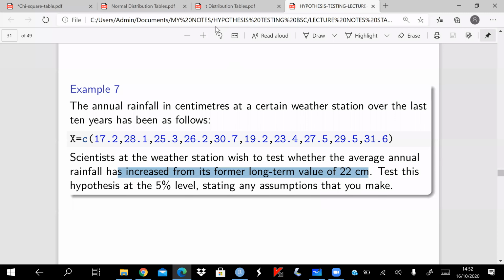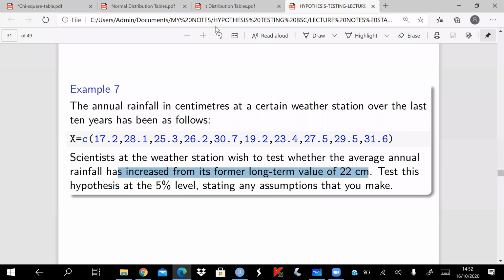Then 9 degrees of freedom here. So the T critical value will be this number here, 1.833.